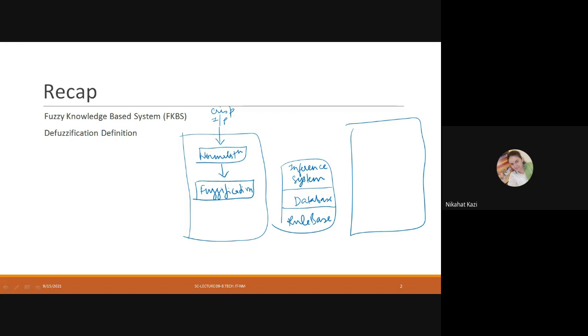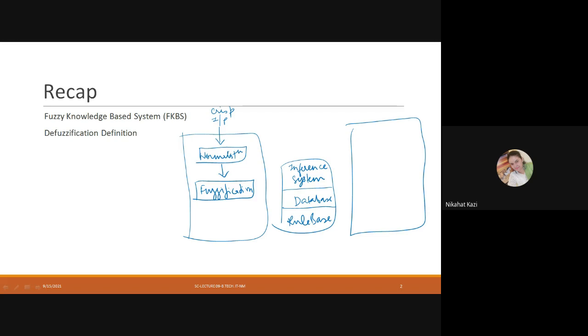The fuzzy sets which are used to model the inputs and the outputs. All those fuzzy sets are saved in the database. Okay? And any kind of conversion factors, scaling factors as far as the normalization, denormalization is concerned, that is saved in the database.